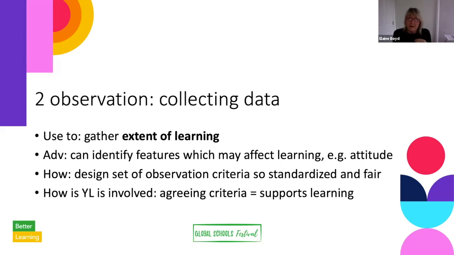I think the important thing here is that you should design a set of observation criteria. So you're not just randomly looking at them on what you think the day, but you think, no, I'm going to look at how quickly they sit down and read, or how quickly they get through that text. That's just an example.